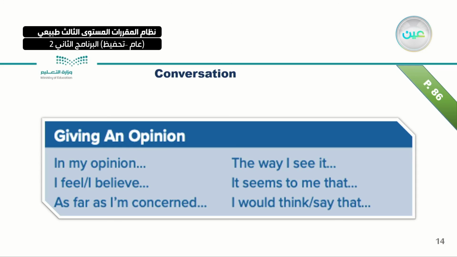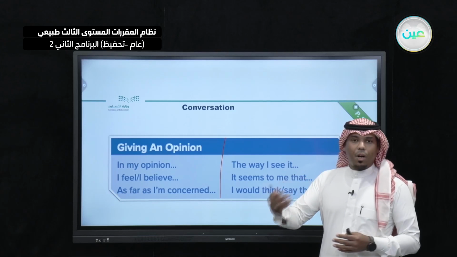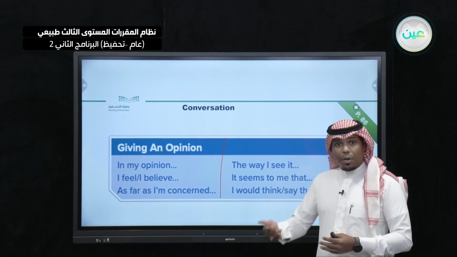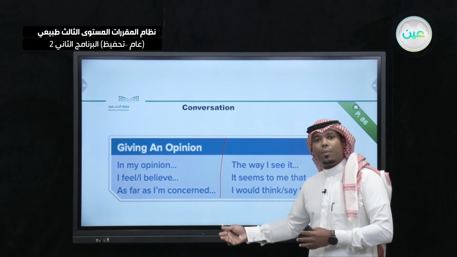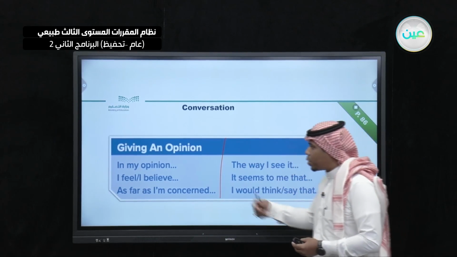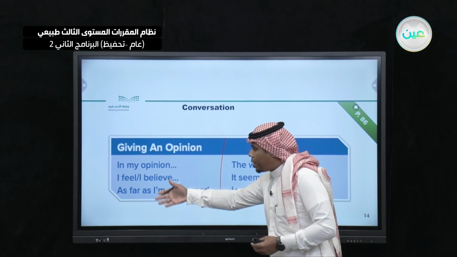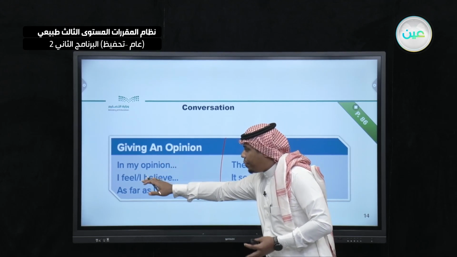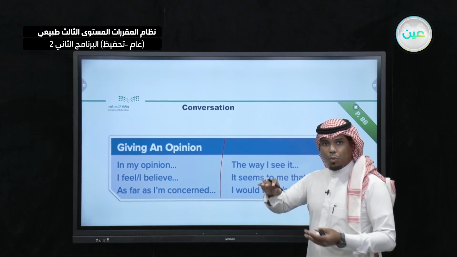Finally, we will move to giving an opinion. These are the phrases used to give an opinion. For example, in my opinion, I'd like to take this trip. To talk about opinion, you could also use I feel or I believe, either one of them.